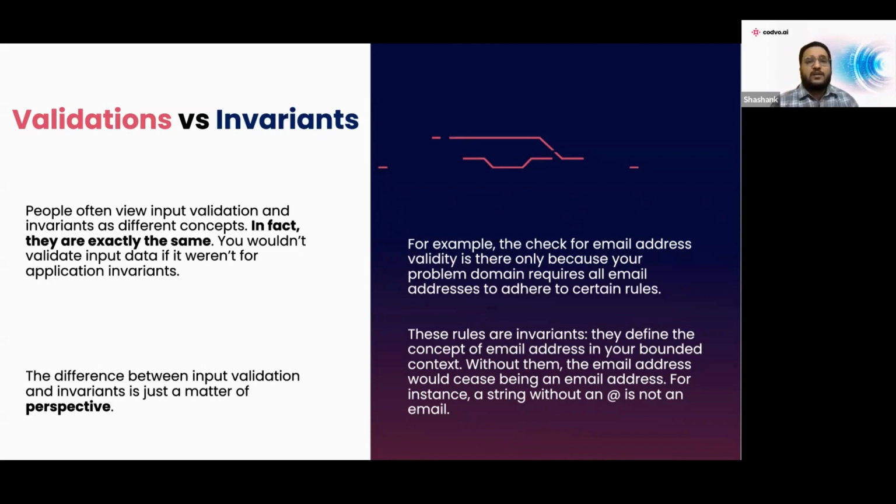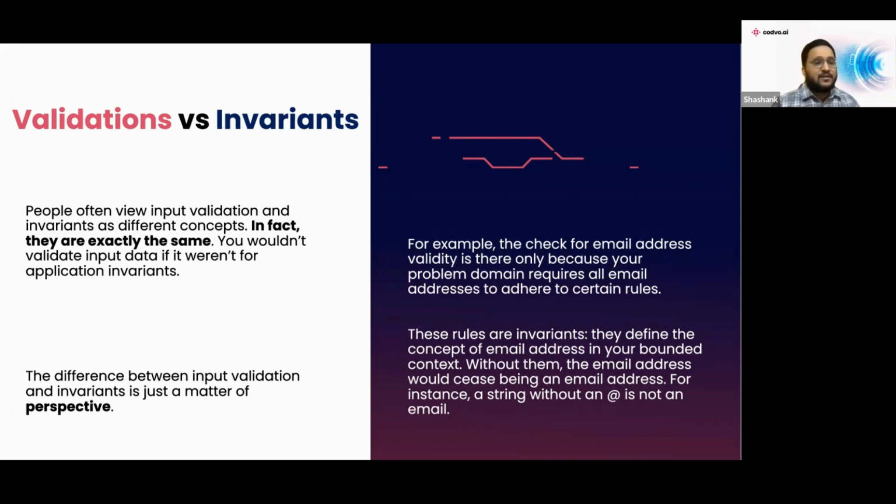These rules will not change until the email technology and how email addresses are structured changes altogether. They define the concept of email address in your bounded context. Without them, the email address would cease being an email address. For instance, a string without an @ is not an email.